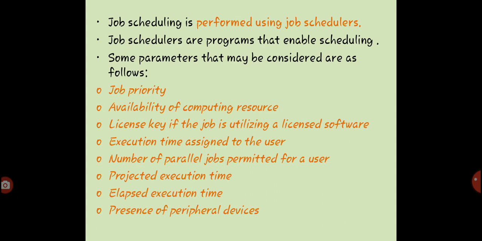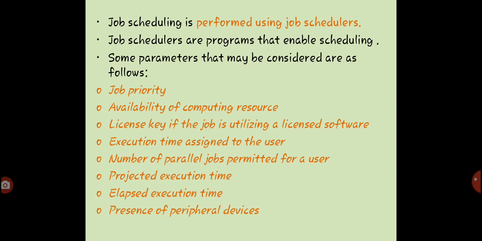So how is scheduling done? It is done by several parameters. The scheduler will do this scheduling by means of many parameters. Some of them are listed here. Job priority: you know what priority is, which is to be done first, which is second, which is third. So according to the priority, scheduling will be done.